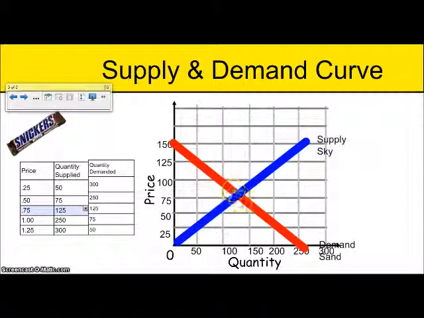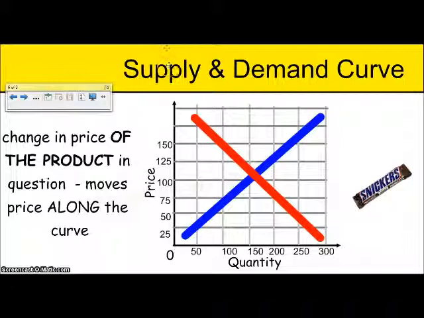So right here where these X's meet, that is market price or equilibrium price. Any price above that, there is going to be a surplus, more supplied than demanded. Any price below this equilibrium price, there's going to be a shortage, less supplied than there is demanded. Okay?